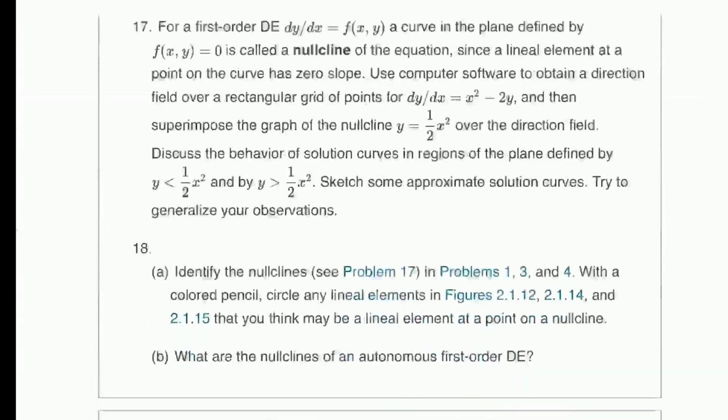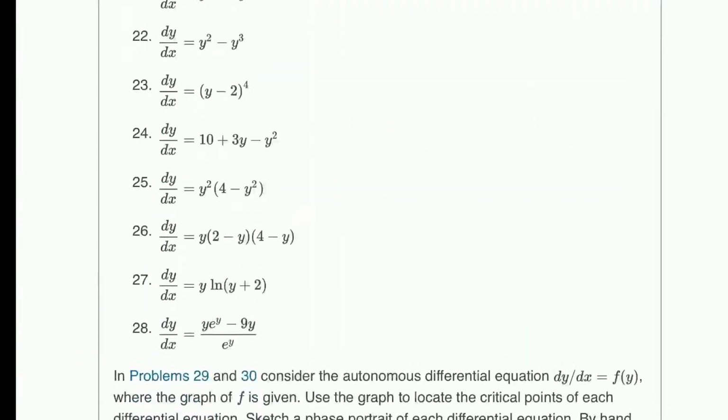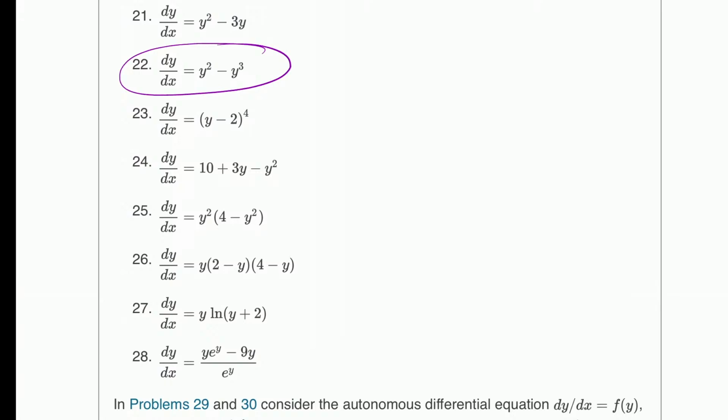So similar to something like these, where are they? Like these. So here you have a function of y, so it doesn't matter what your x is, you're going to have the same. So you could just draw a phase line for like number 22, I would do. y equals 0 is an equilibrium, and y equals 1 is an equilibrium. And then everything else, we just have to worry about which direction we're going. When y is equal to 100, you're going to be going down.